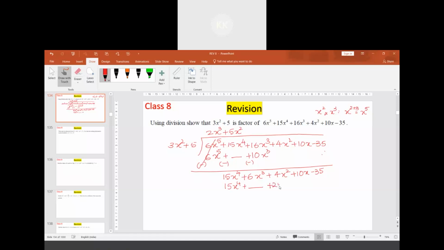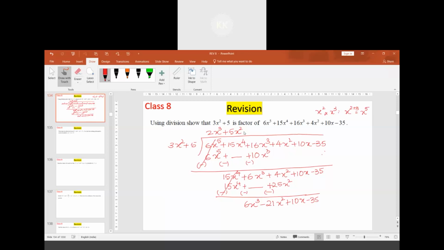Then 25x square. Once again, let's change the sign. Subtract it. This term gets cancelled. 6x cube is written as it is. Now positive 4 minus 25 will be negative 21, minus 21x square plus 10x minus 35.